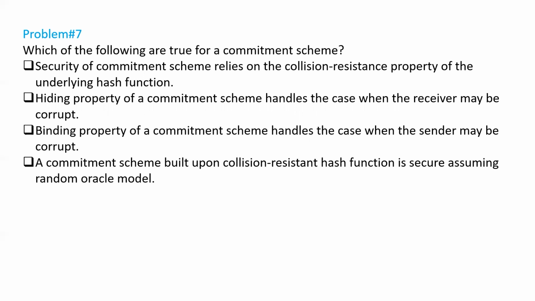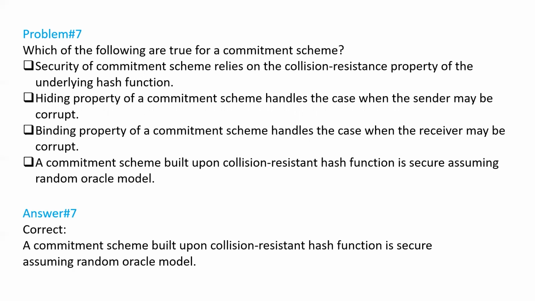This is true for the binding property only. However, it is necessary for the hash function to be collision resistant, because otherwise the binding property of the commitment scheme will not be satisfied, as I already discussed. If there are two such messages and corresponding randomness, message M1 with randomness R1 and message M2 with randomness R2, that map to the same commitment value C, then the underlying hash function is not collision resistant.